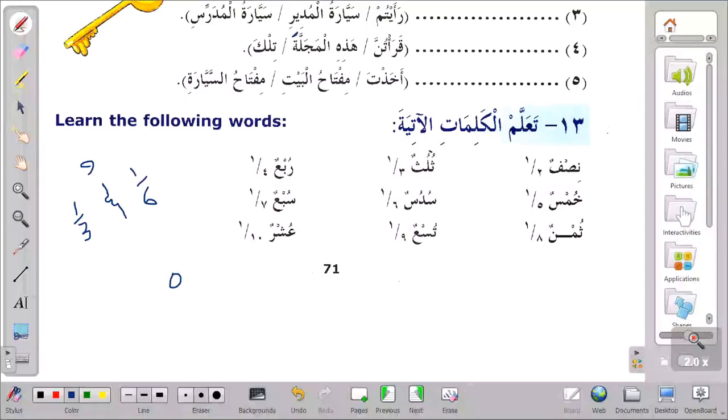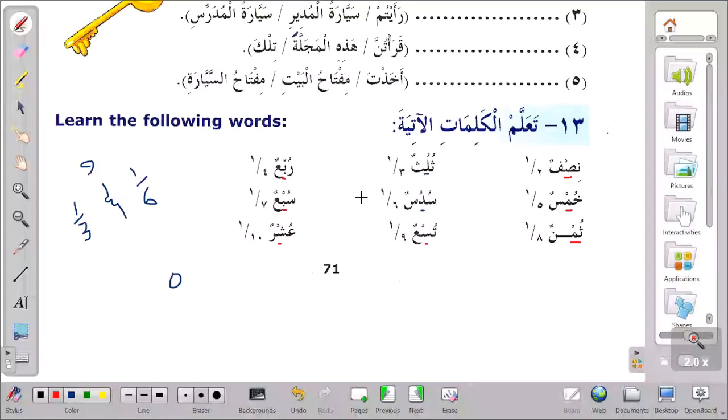You can see the middle is having sukoon here, the same way. But the 1/3 and the 1/6 have their middle with Dhamma. All the rest are going to have sukoon. So the only thing is the 1/3 and the 1/6.